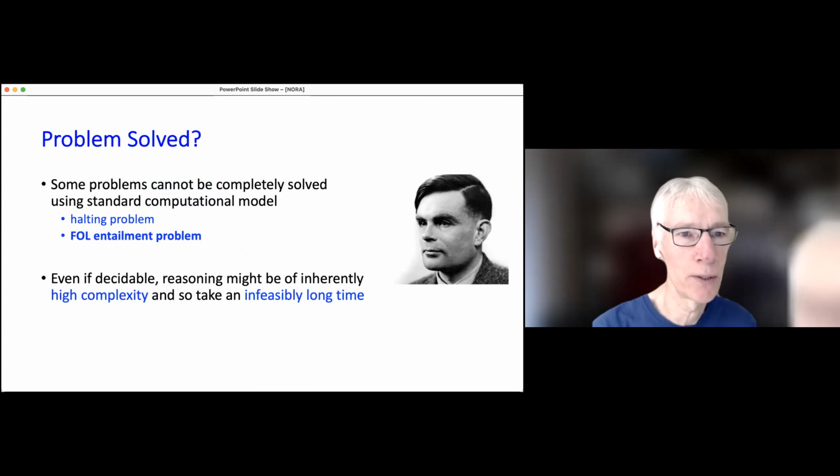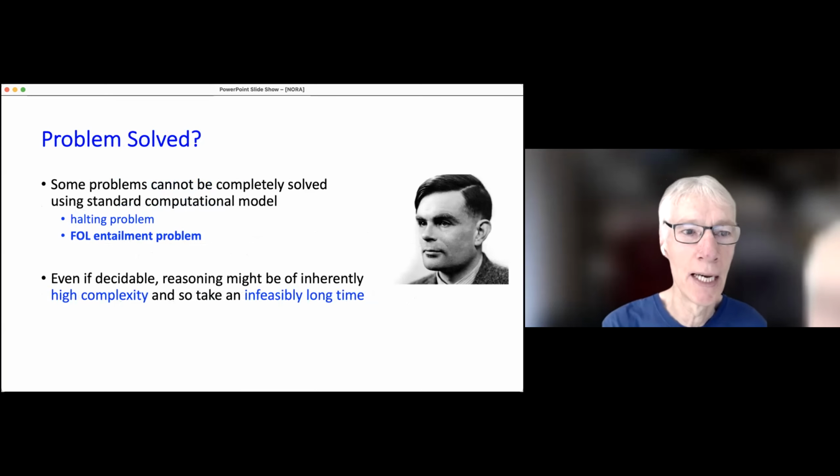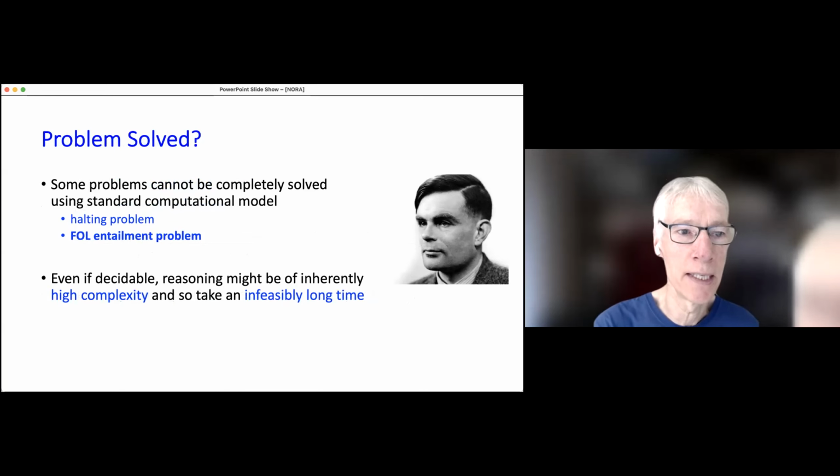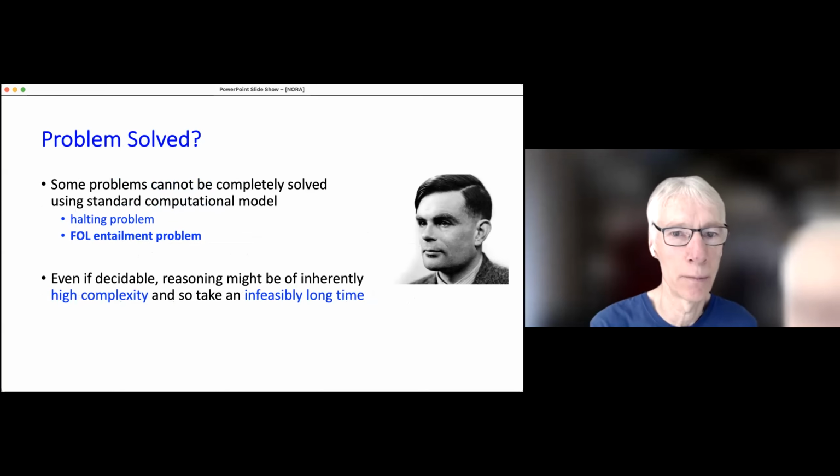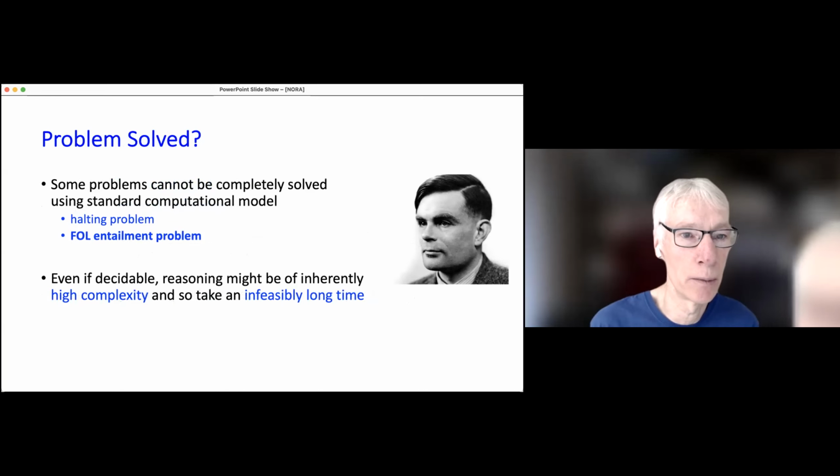Well, of course, in computer science, things are never quite as easy as we would like them to be. The problem here is that logical reasoning in general can be a very hard problem. In particular, it was famously proven that the first order logic entailment problem is actually undecidable.